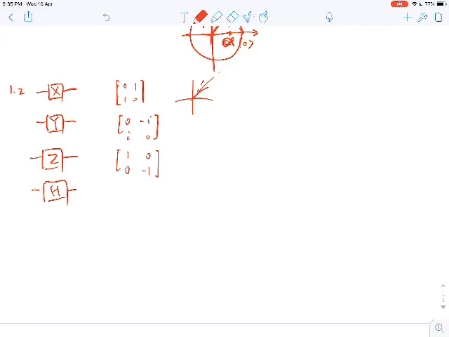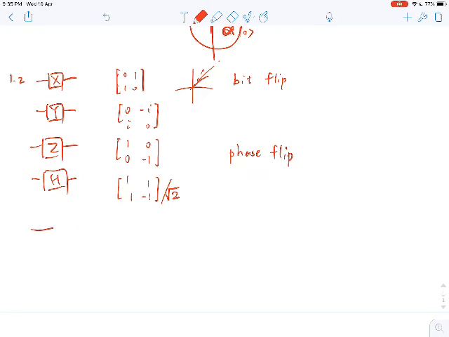And H gate, we call this a Hadamard gate. It's represented as (1 1; 1 minus 1), and we normalize it with square root 2. And X gate has a name, we call it bit flip, and Z gate we call it phase flip. And there are 2 qubit gates. It's the control NOT gate.